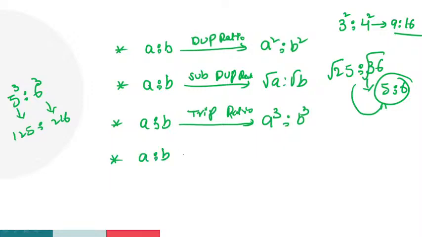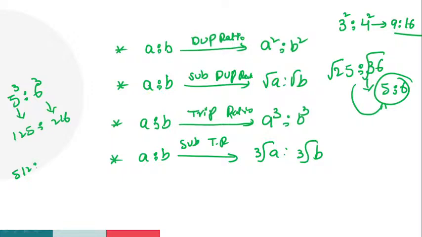And next one, last point. So A is to B subtriplicate ratio. Subtriplicate ratio is cube root of A is to cube root of B, guys. For example, a question like this: 512 is to 343.